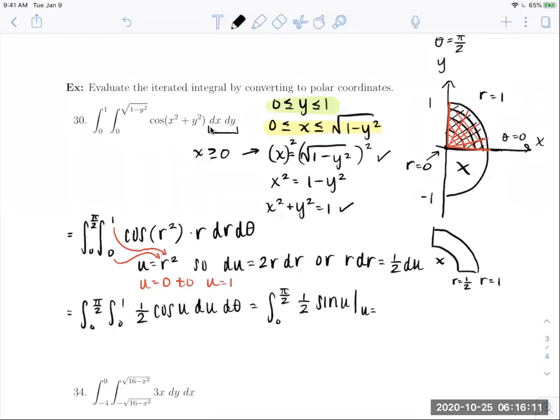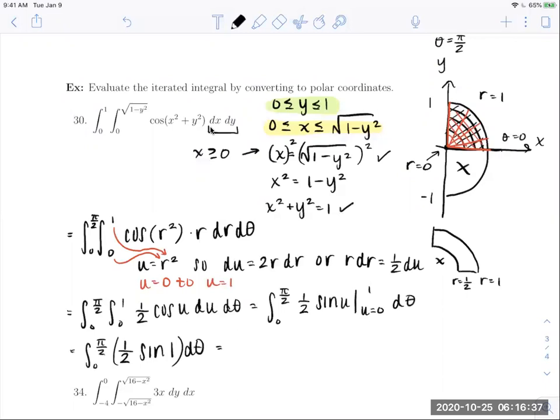And I want to evaluate that from u equals 0 up to 1. And I know that sine of 0 is 0. I don't know what sine of 1 is, so I'm just going to leave it as sine of 1, but that's some number. And so this entire integrand, 1/2 sine of 1, is a constant.